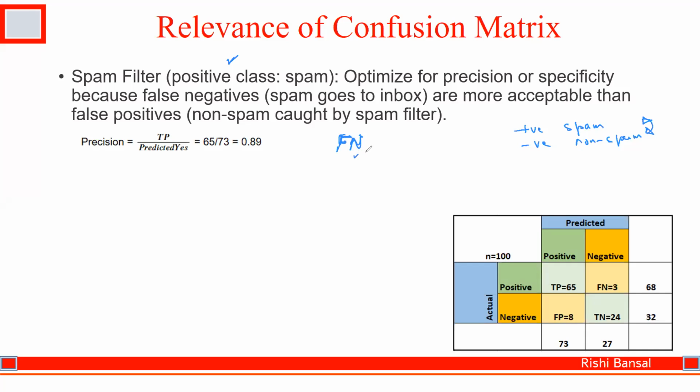False negative means you said something is not spam, but that is a spam. So this is acceptable. But if you categorize something as positive, meaning spam, but that is false, meaning it is actually not spam, you said something is spam but it was actually not spam. So this is not acceptable. This is fine to everyone?